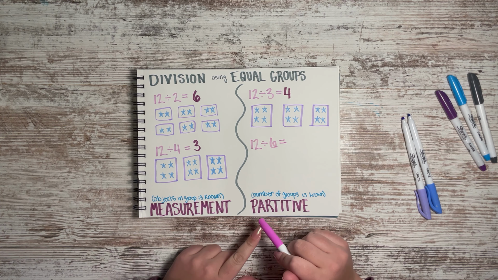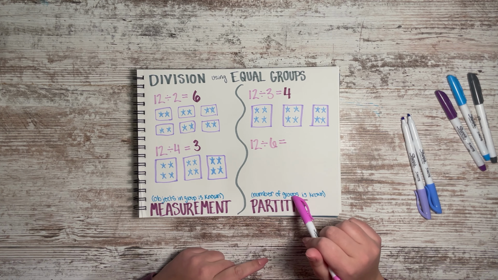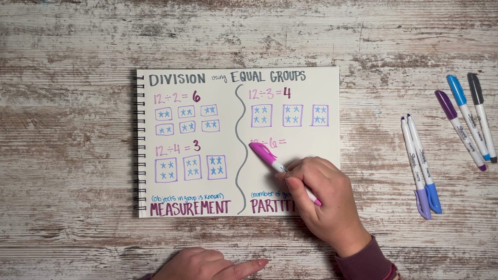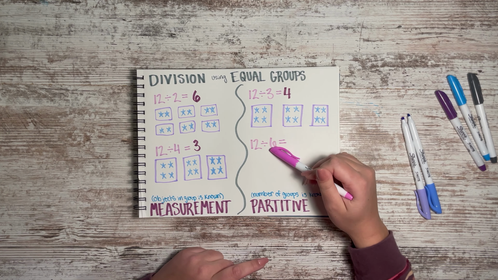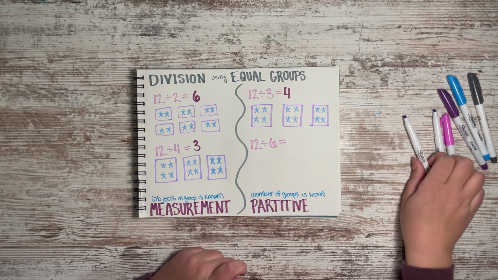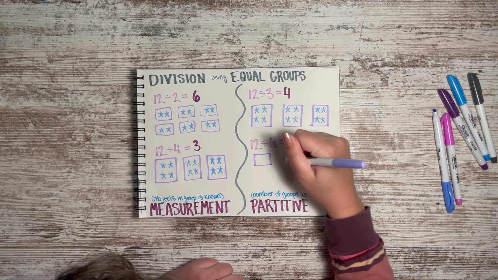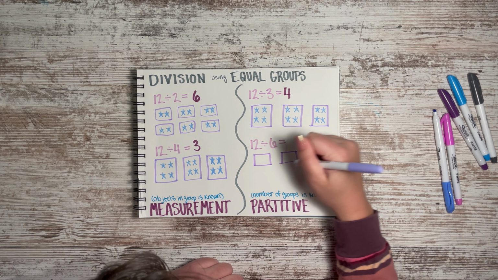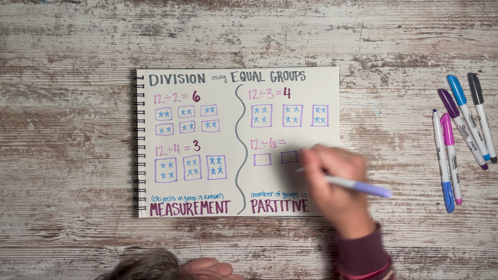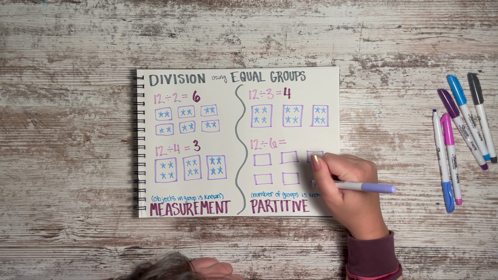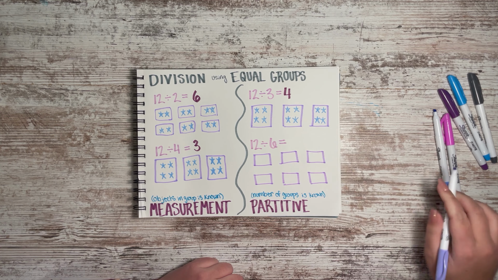So if we're using a partitive model, that means we know the number of groups. So that means we're going to have 12 stars total, and we're going to have 6 groups total. So let's make 6 groups. 1, 2, 3, 4, 5, and 6.